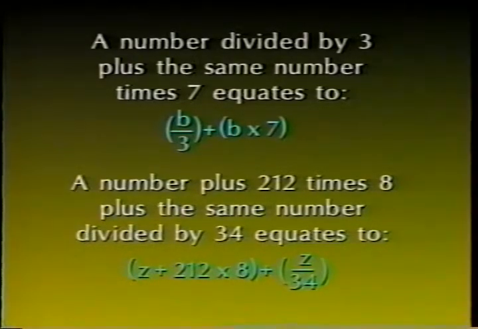A number divided by 3 plus the same number times 7 equates to B divided by 3 plus B times 7. A number plus 212 times 8 plus the same number divided by 34 equates to Z plus 212 times 8 plus Z divided by 34.